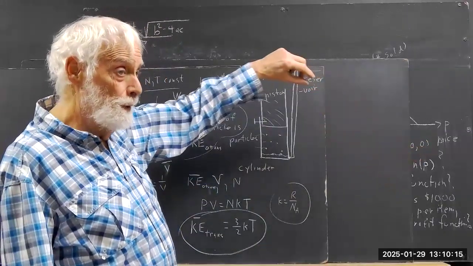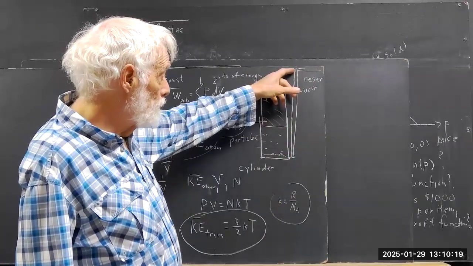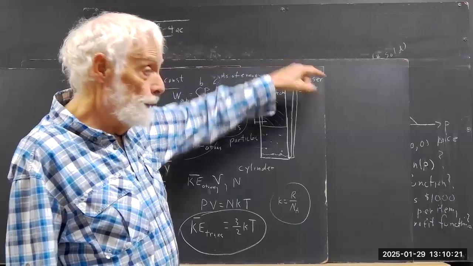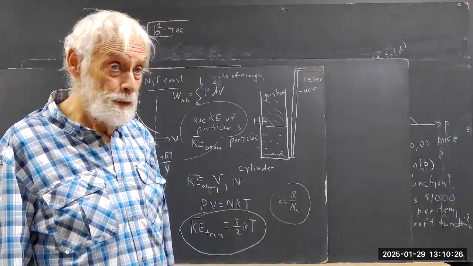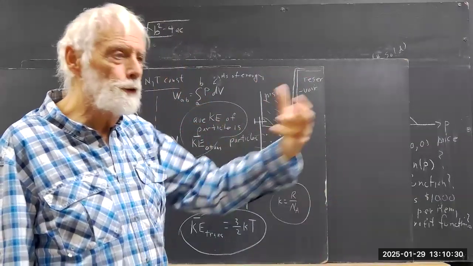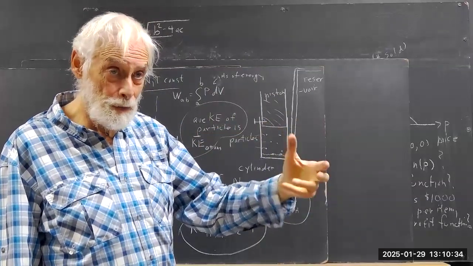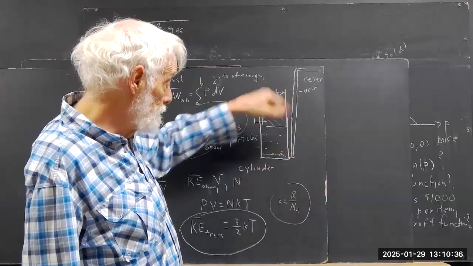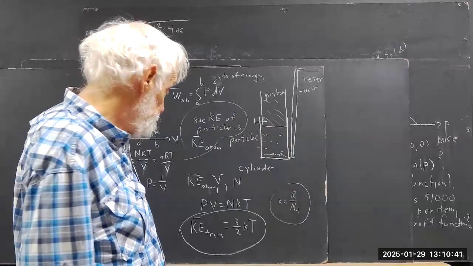The tube is really thin, and the amount of water in the tube is going to be very small compared to the amount of water in this reservoir. So we just call the practical work, or practical energy gain of the system, the change in potential energy.